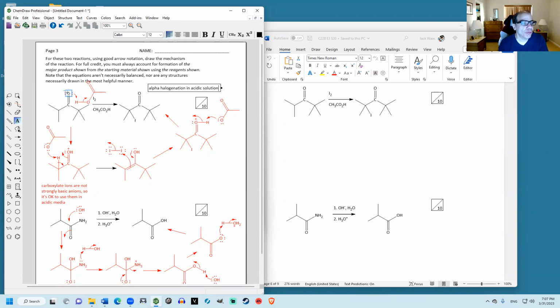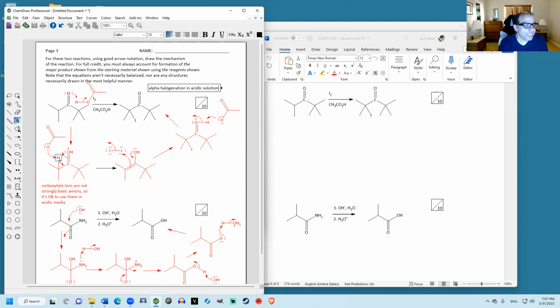So we use one of the lone pairs on oxygen to pull a proton off of acetic acid and give us the acetate ion. The acetate ion is not a strongly basic anion, so it's okay in acidic solution. So here we've protonated the carbonyl oxygen.